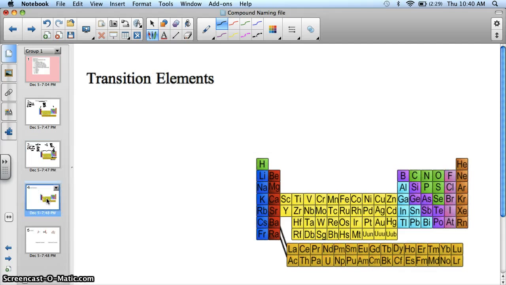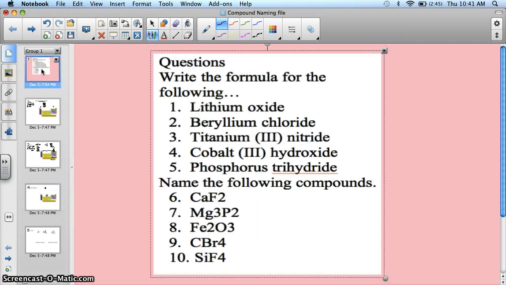Let's talk about transition elements. Transition elements are interesting. In the transition elements, which is right out in here, the name is often followed by a Roman numeral. You remember seeing in the questions we had some that had Roman numerals. In fact, why don't I go back there? Yeah, there's right here.